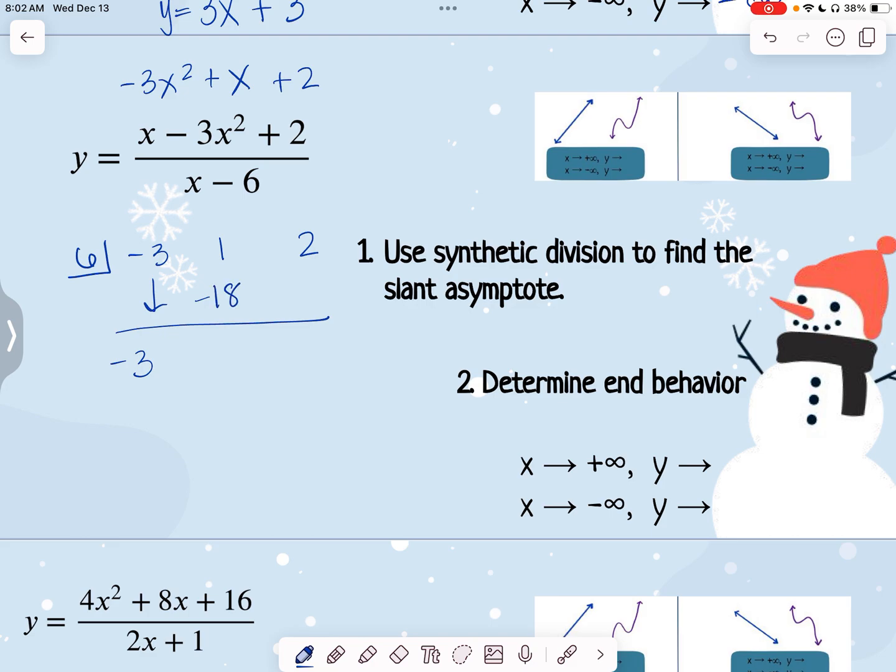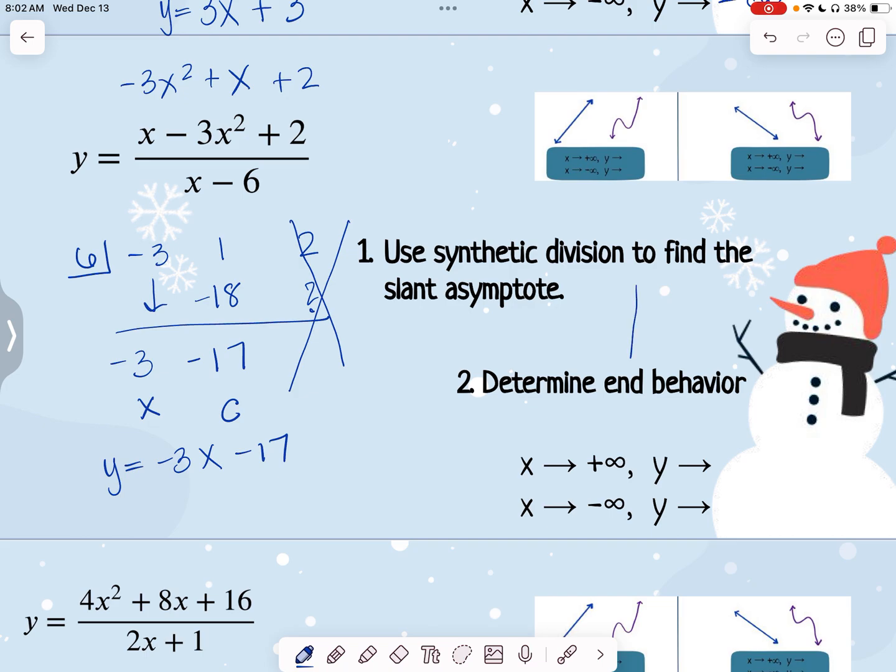Negative 18, 17. 6 times 17 is some number I don't know, and I don't feel like using my calculator right now because, like I said earlier, the remainder doesn't matter for these. The only thing that matters is this part, because all I want is that y equals mx plus b portion to see what this one looks like.